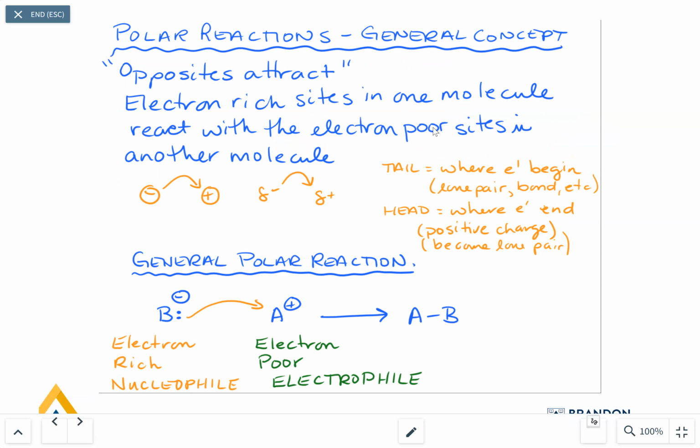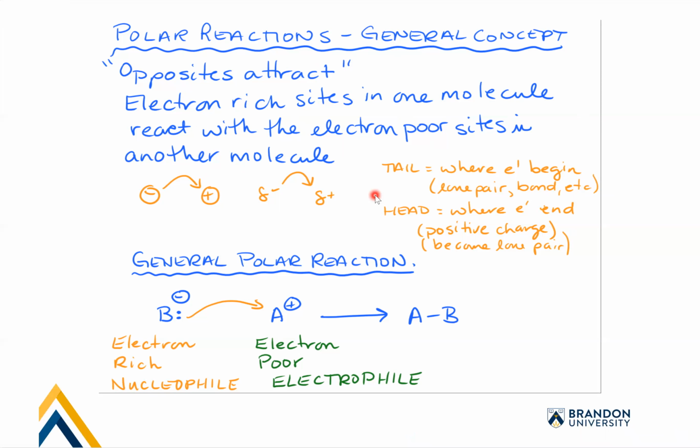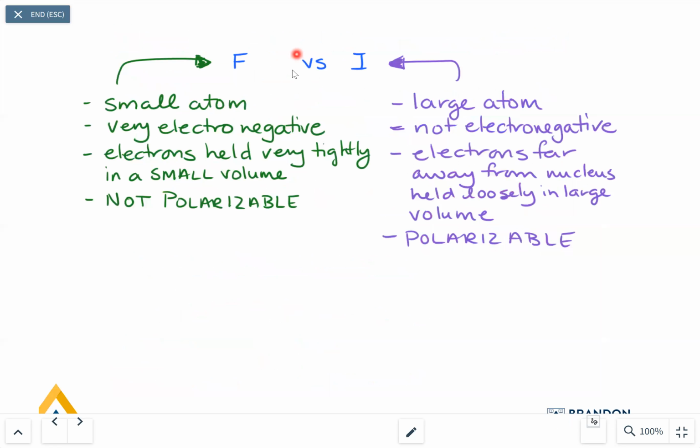There was a question about how you know that, for example, fluorine is small and iodine is big.